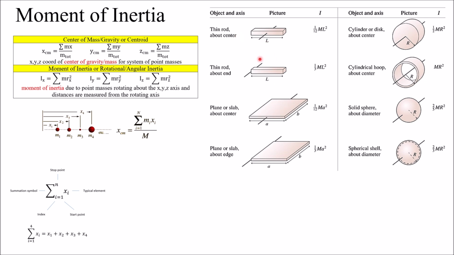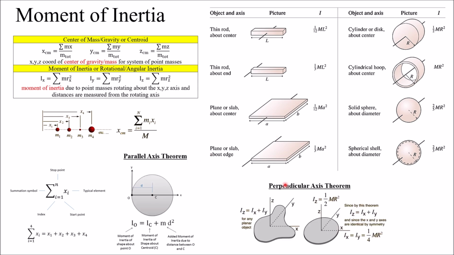You have different shapes rotating about a particular axis, and you can solve for a value for the resistance to angular motion about that axis. We also have the parallel axis theorem and the perpendicular axis theorem, which help us translate that resistance to a different axis once we know it about a certain axis.